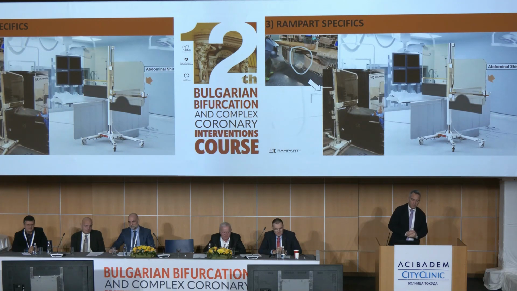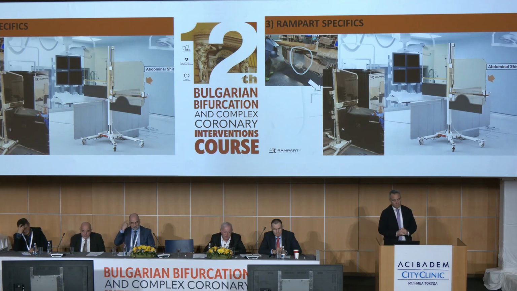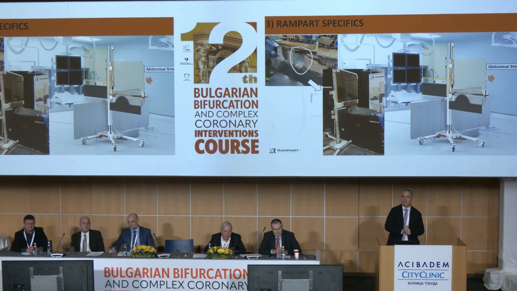So basically, you put Rampart between you and the machine, and the protection is 100%. It's a shield that divides the chamber from the left side and the right side. And I'm emphasizing this because it doesn't protect anyone who is on the left side of the Rampart.